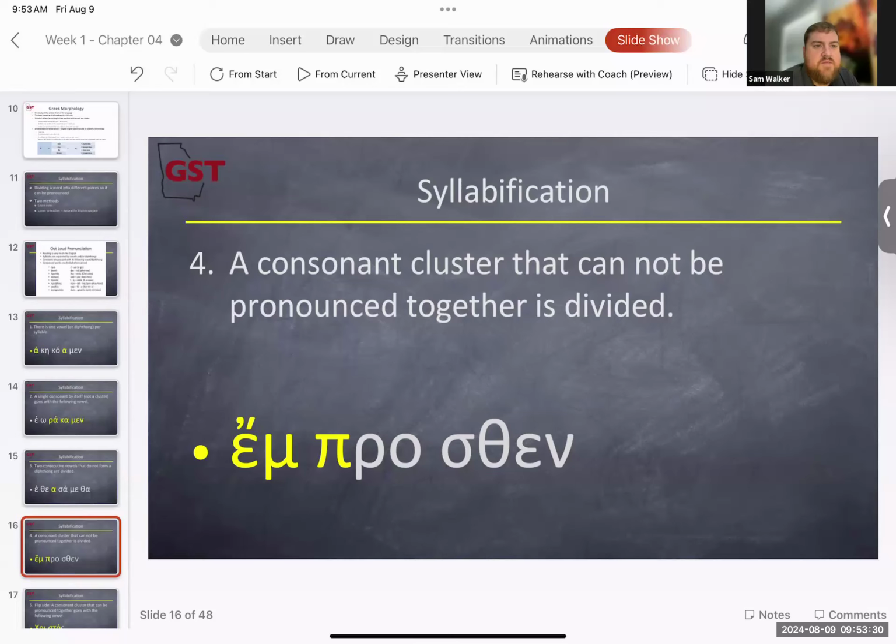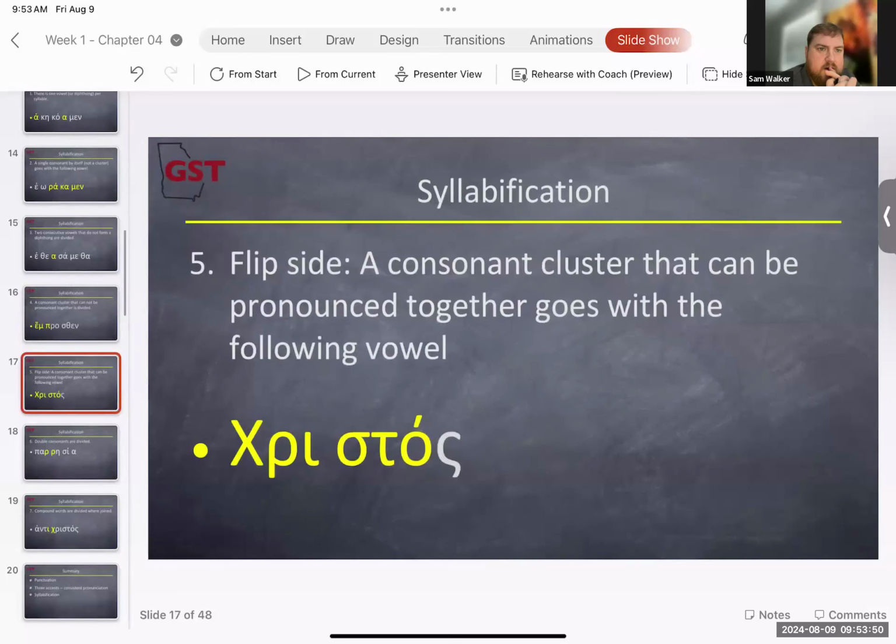But if it was a rough, it would be that H sound. So it'd be a backwards comma. That would basically add a consonant to the beginning of your word. The hem would be instead of the em. All right. Let's look at syllabification.